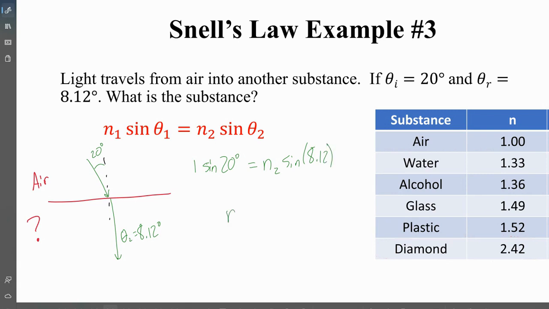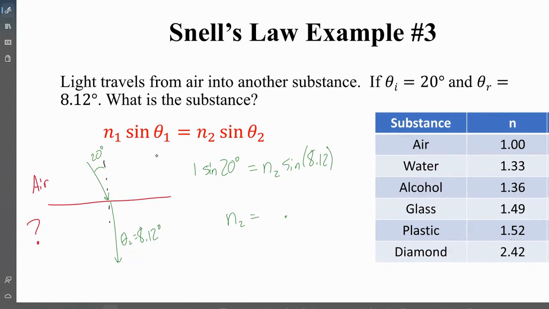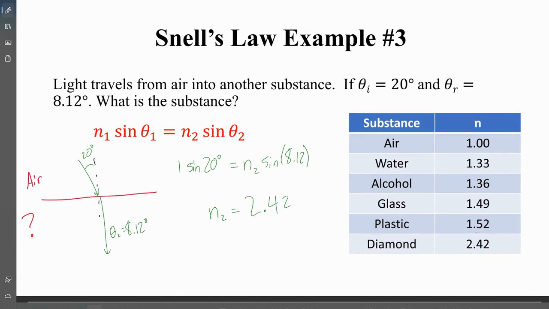Okay, so this tells me n2. If I take sine of 20 divided by the sine of 8.12, I get n of 2.42. Oh, hey, look at that. Diamond it is.